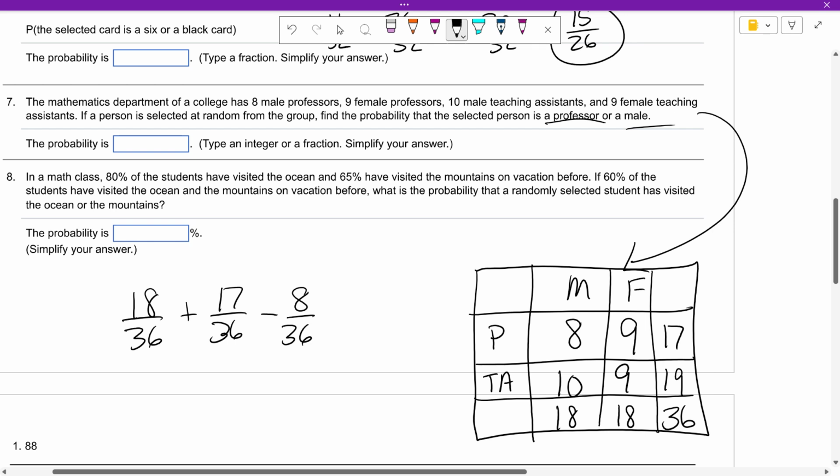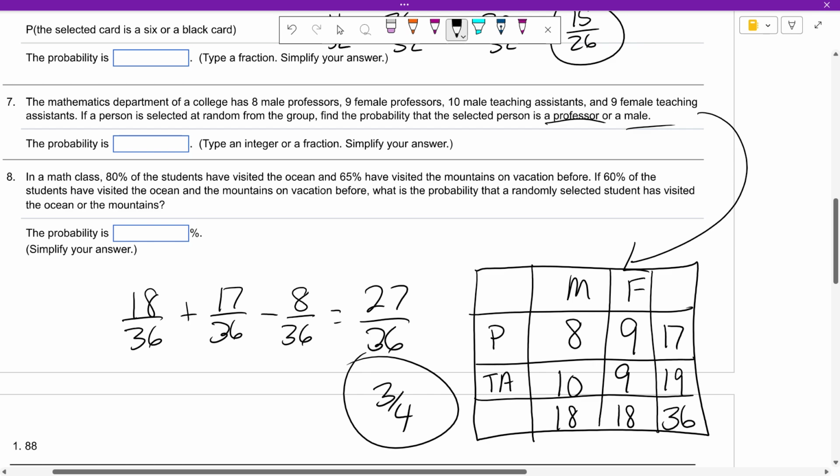There's 18 males, 17 professors, minus 8 of the male professors, because we counted them twice, equals what? Well, that should be 27 out of the 36, or a 3 out of 4 chance you're going to get either a male or a professor if you're in a class.